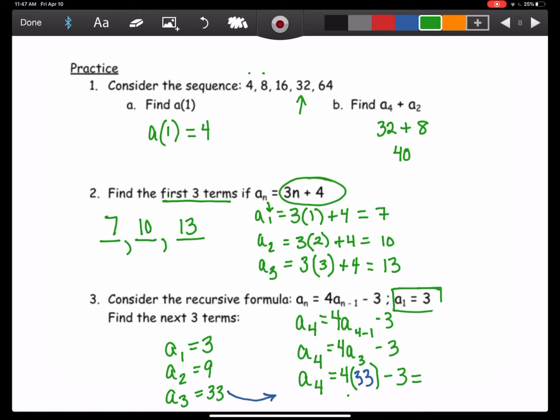So 4, ooh, scared me. 4 times 33 is, I think it's 132. Of course, I don't have a calculator near me. 132, and 132 minus 3 is 129.